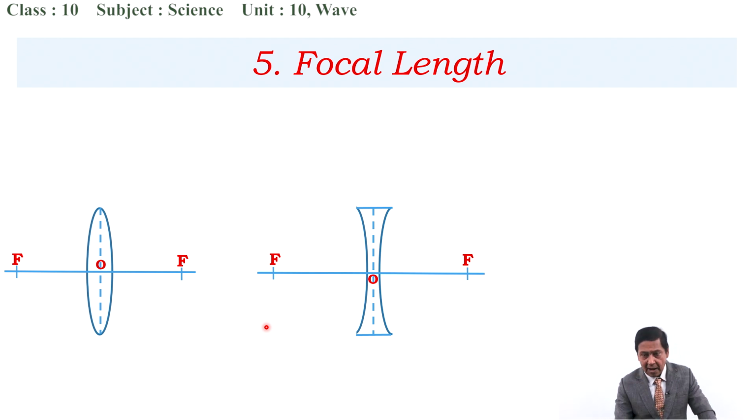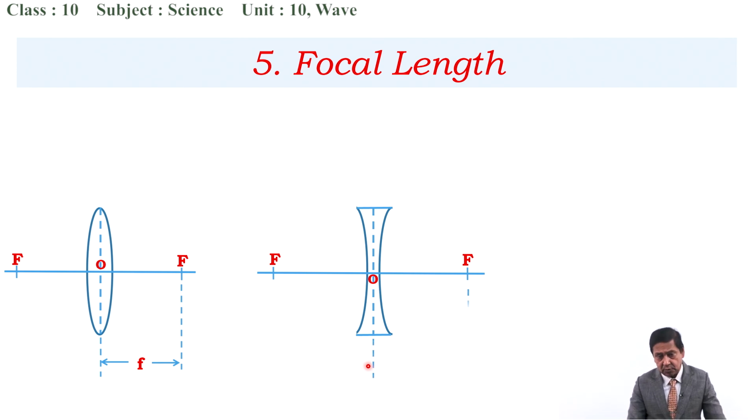Okay. Now, the distance from this optical center to the focus of the lens is the focal length. It is denoted by small f. In this case also, the distance from the optical center to the focus of the lens is called focal length and it is denoted by small f. Have you noticed that we are using both small f and capital F?